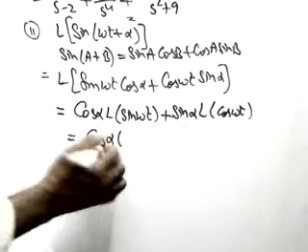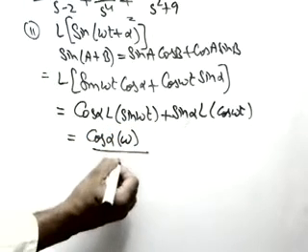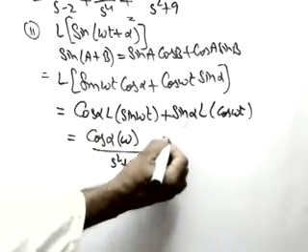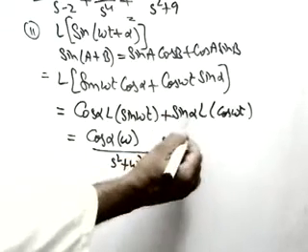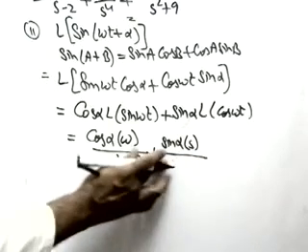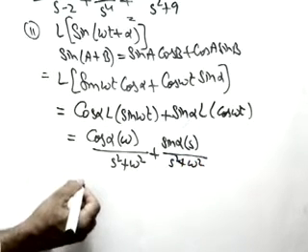Now let me use the formula: cos alpha into Laplace of sin at, which is a divided by s square plus a square, plus sin alpha into Laplace of cos at, which is s divided by s square plus a square.